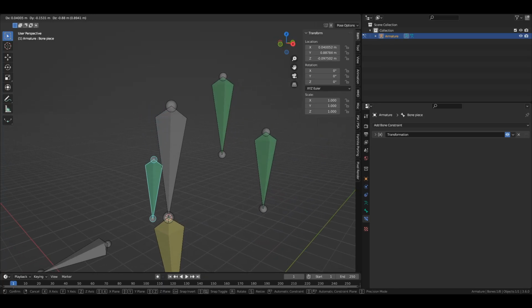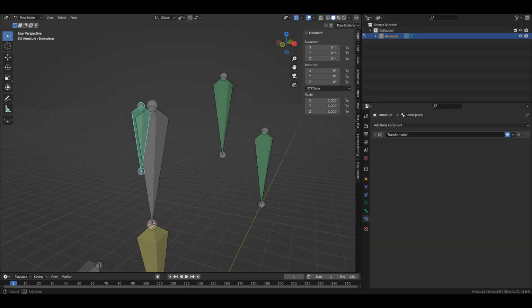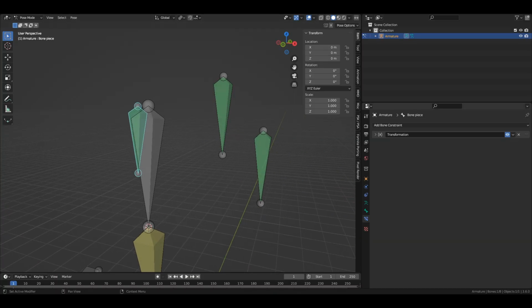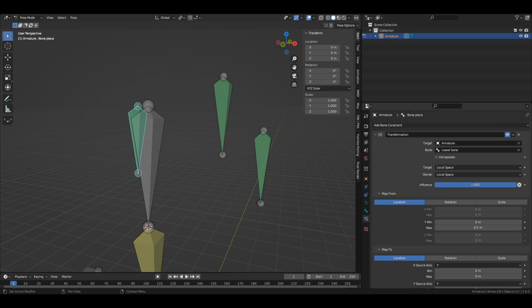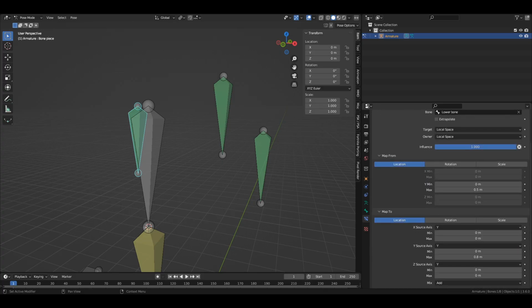And there we go. After setting this up, we head to this one, which is the bone piece, the mechanical piece that slides down. We need to put just a transformation constraint. But in this case, the target is the armature, the bone is the lower bone, which is this. The target needs to be local space, the owner needs to be local space, so both of these need to be on local. We map from the location of the y-axis of this one, because this one is the bone that moves it.